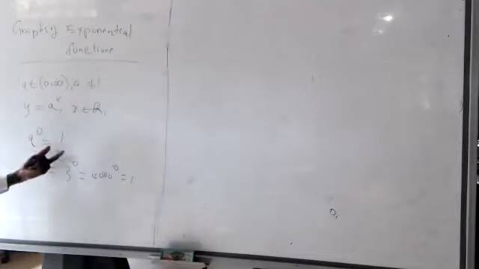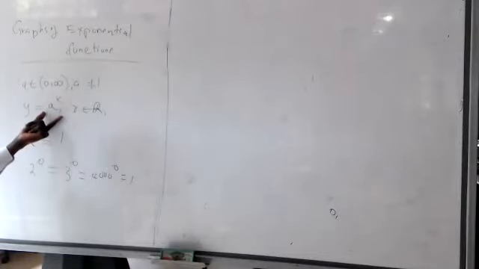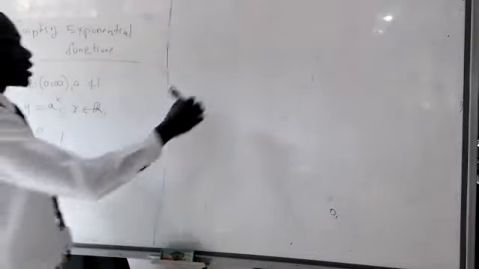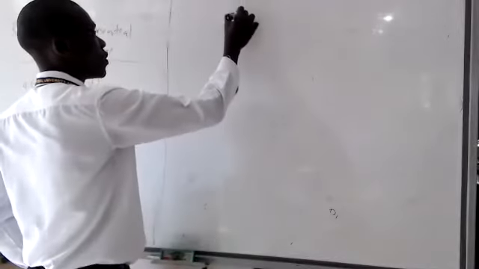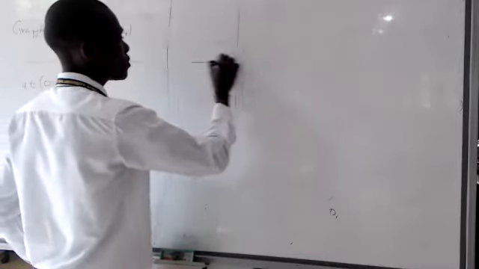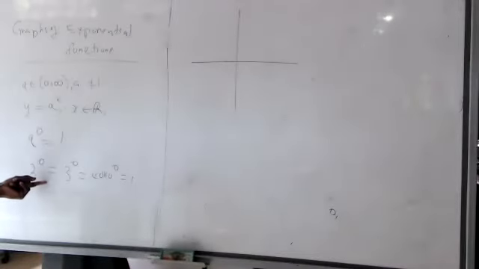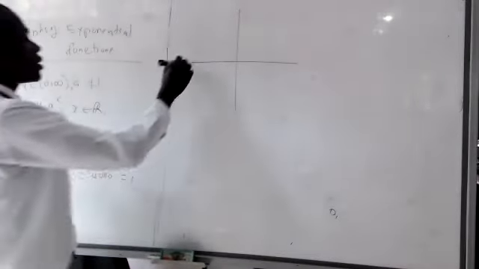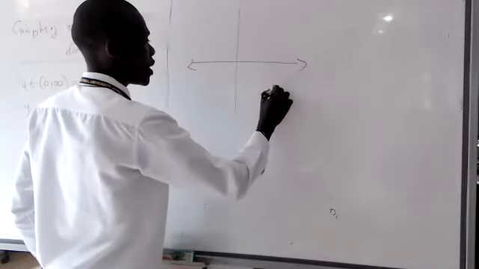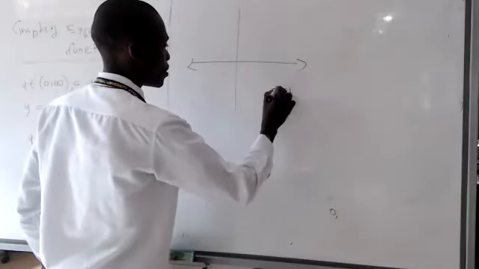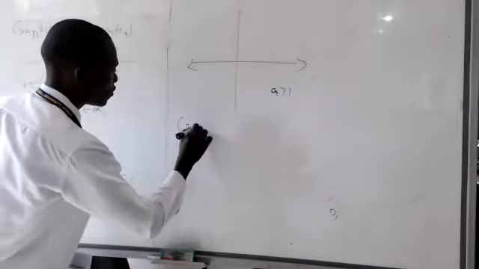So we can predict the shape of this graph. So exponential functions have the following graphs. Of course, at 1, it doesn't tell us much, but we know when a is greater than 1. So we can divide this interval 0 to infinity.